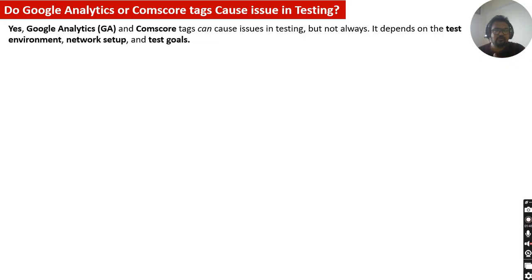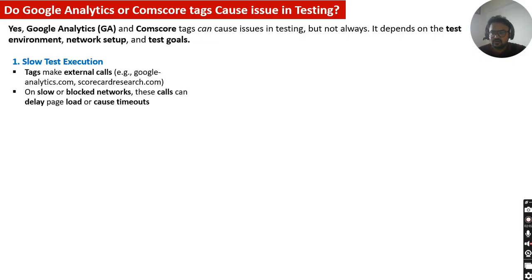So what is your end goal in using those tags, and what information are you trying to fetch from the network whenever the customer interacts with your website? In short, yes, it will impact testing.